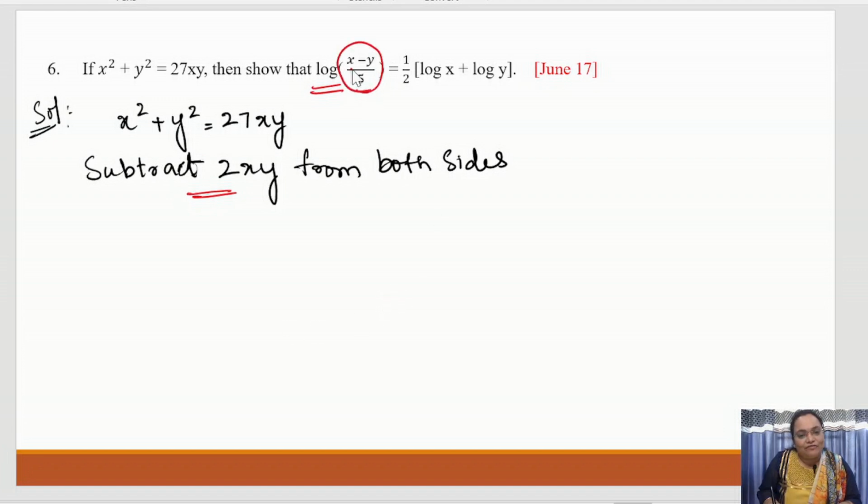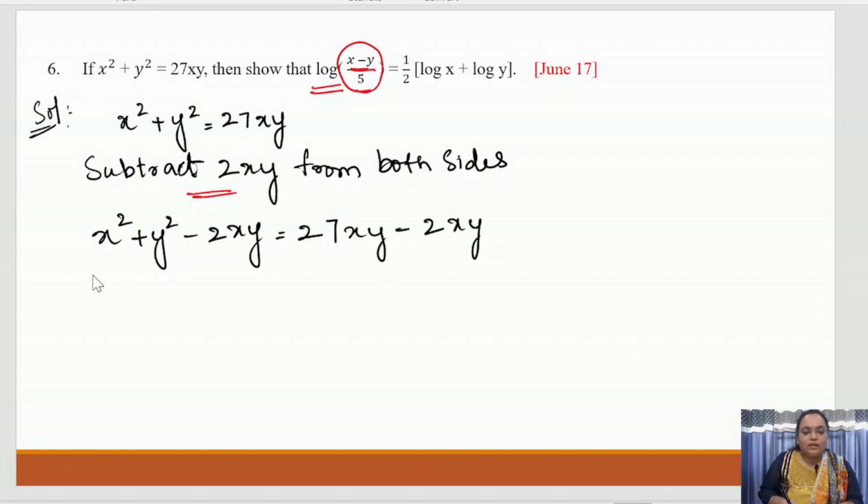Yes, so we have a minus sign here. Right, so we will subtract. Clear? So if you subtract, you will get x² + y² − 2xy = 27xy − 2xy. So this is in the form of (x − y)².